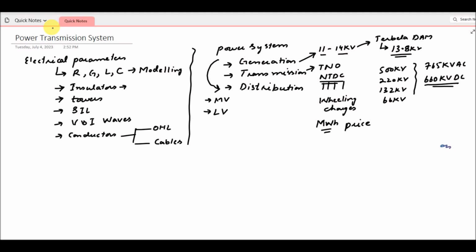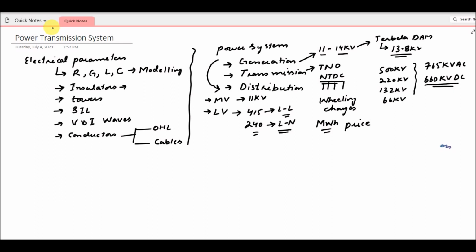For medium voltage the level is 11 kilovolts, and for low voltage the levels are 415 and 240. The 415 is line to line voltage and 240 is line to neutral voltage. All the voltages in generation, transmission and medium voltage are line to line, but in distribution we have line to neutral voltage, that is 240, and 415 is the line to line voltage provided to the customer.